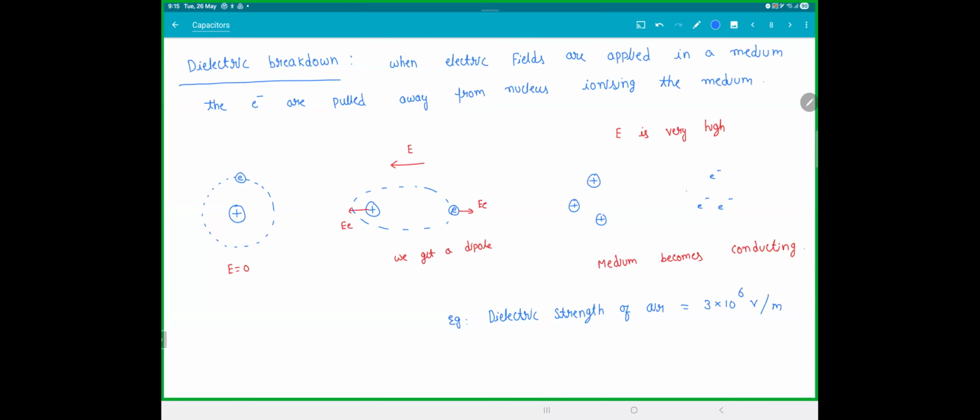Meaning if you apply 30 lakh volts across 1 meter, you get a lightning. So dielectric strength of air is the minimum electric field. This phenomenon of the particles becoming ionized is called dielectric breakdown. Minimum electric field required for dielectric breakdown.